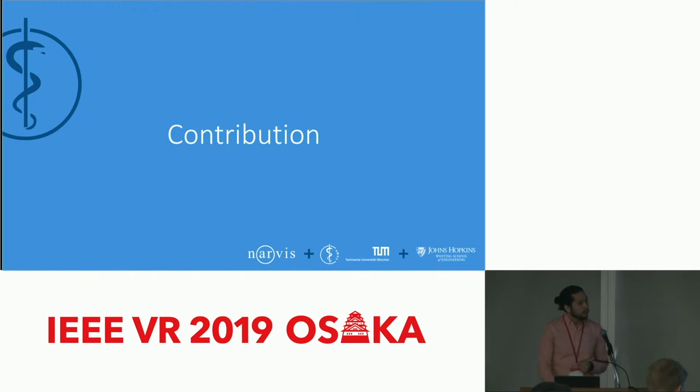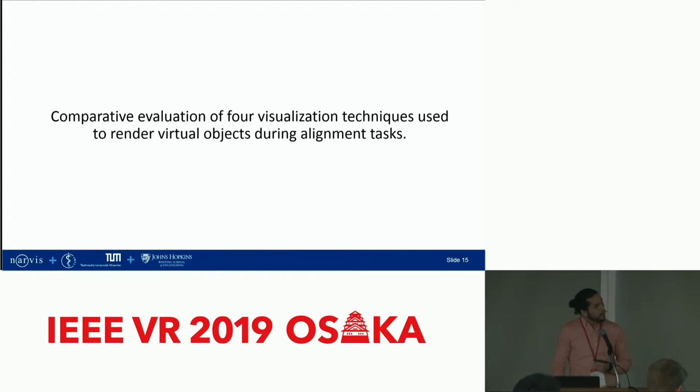So in order to solve these questions, we performed a comparative evaluation of 4 visualization techniques that are used to render virtual objects. And 2 of these 4 visualizations haven't been used, at least to our knowledge, to provide assistance during alignment tasks.